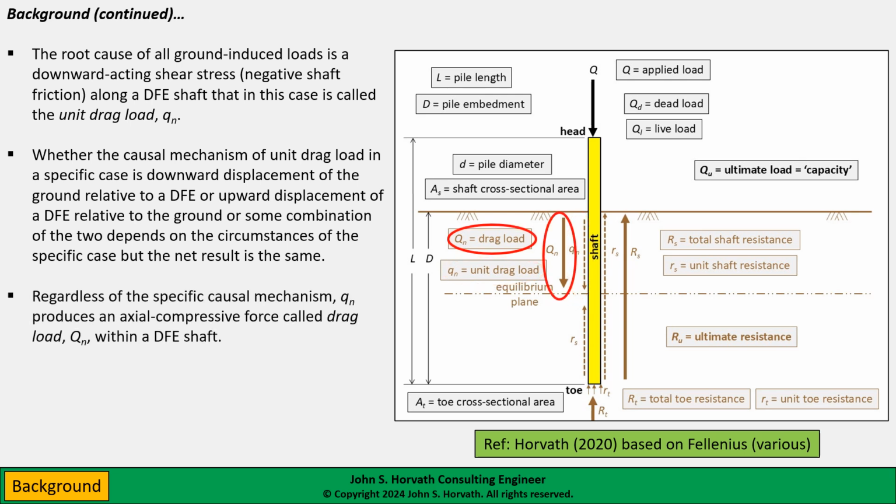So regardless of the specific causal mechanism that produces the unit drag load, this unit drag load, shear stress integrated over the external surface area of the shaft, produces an axial compressive force called the drag load within the DFE shaft.